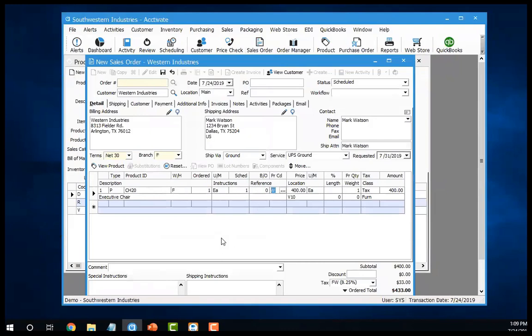The price exists in relation with that category. There's no other prices that are selected ahead of this. And so because the relationship between the price category and the price code says the price is $400, and this product falls into that price category, $400 populates as the price on this sale.